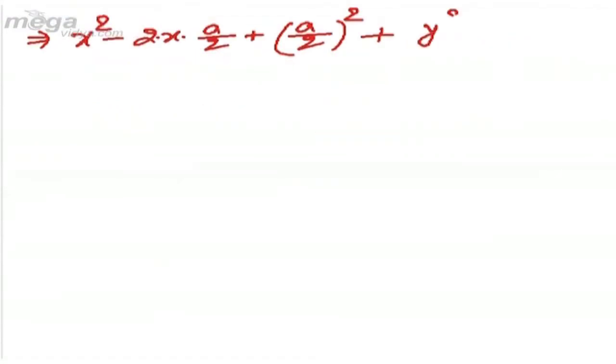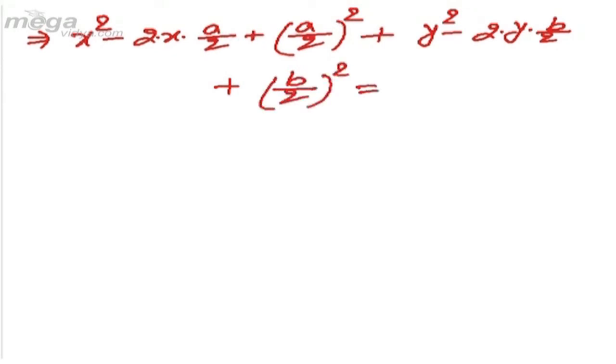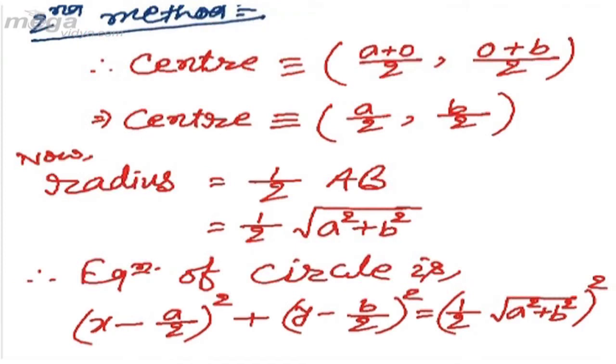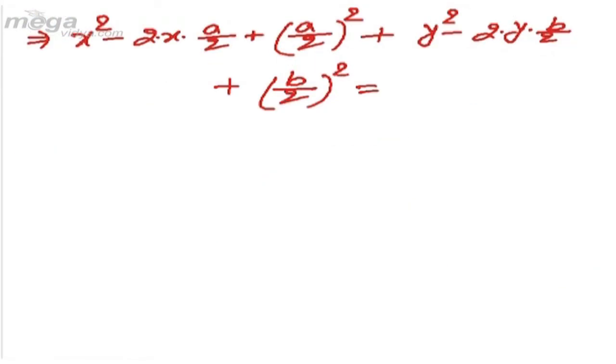So it becomes y square minus 2y into b by 2 plus (b by 2) whole square is equal to, now here on the right side half whole square is 1 by 4, and the root and square get cancelled, a square plus b square. So 1 by 4 into (a square plus b square).